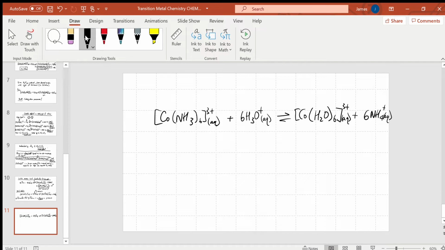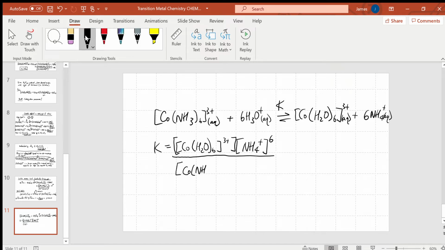Now, if we write the K value here, K would be the concentration of this chemical, the hexaaqua ion, and then ammonium ion to the 6th power, because there's a coefficient 6, and then we have the cobalt complex and then hydronium to the 6th power.